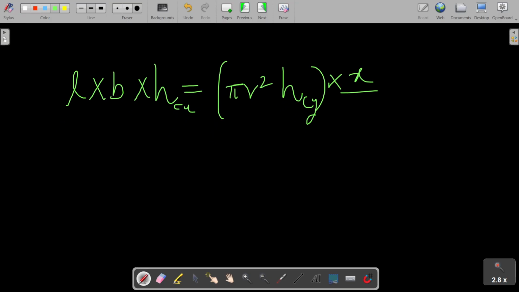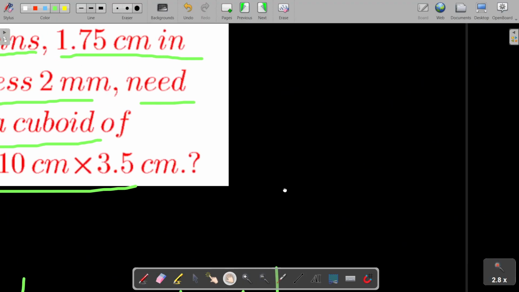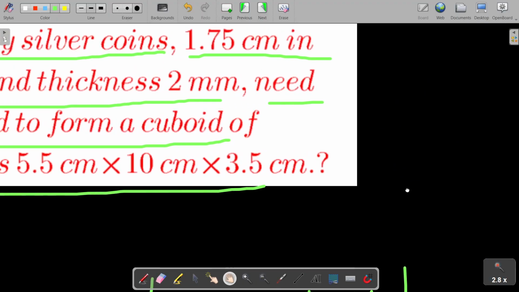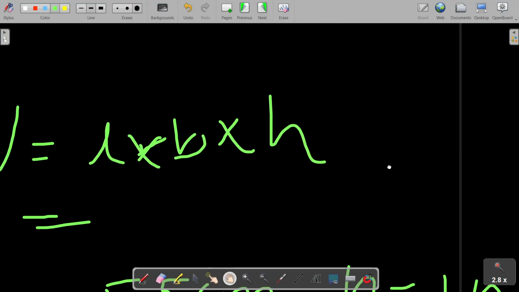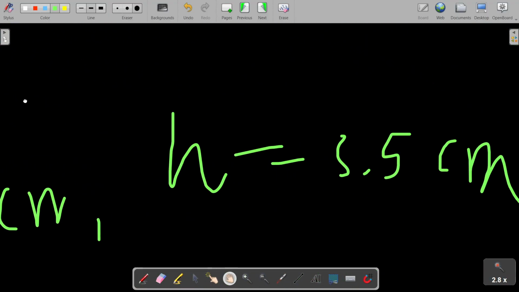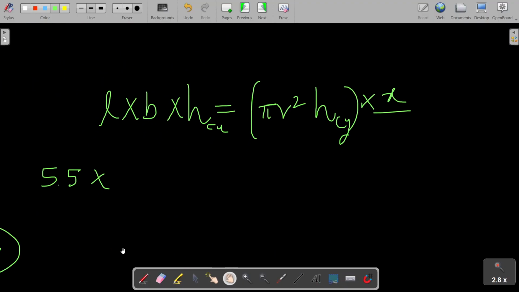So length into breadth, 5.5 into 10 into 3.5. So this volume is 5.5 centimeters, 10 and 3.5.